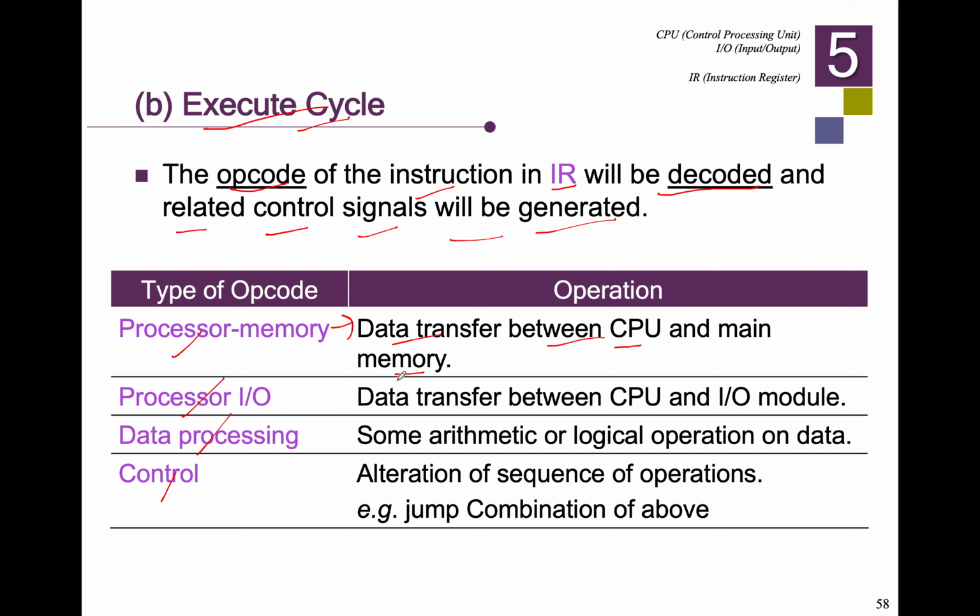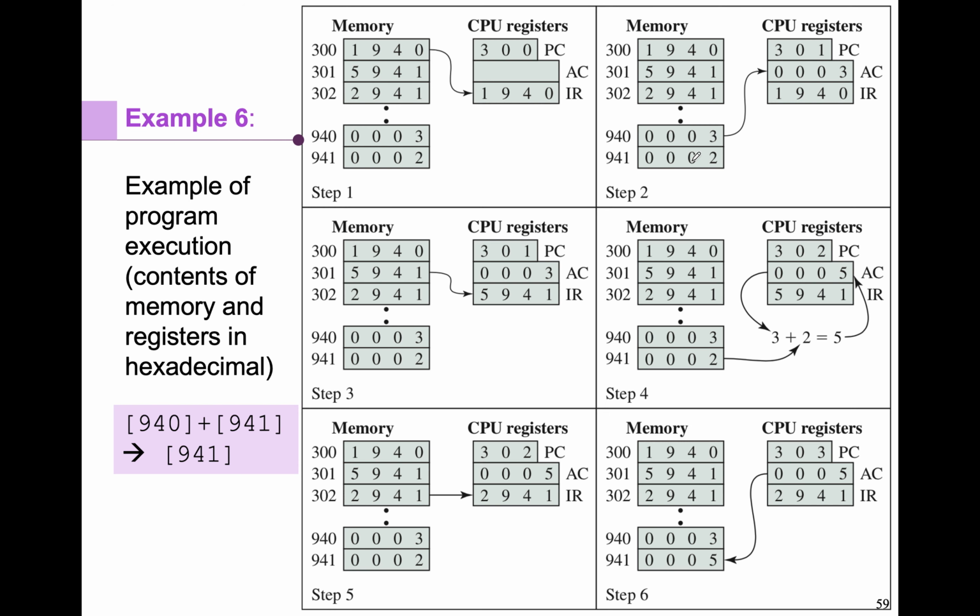For processor input output, data transfer between CPU and input output module. Data processing, some arithmetic or logical operations on data. And lastly, control, alterations of the sequence of operation. This table we also already discussed. I forgot which chapter, but this is the recap, I guess.